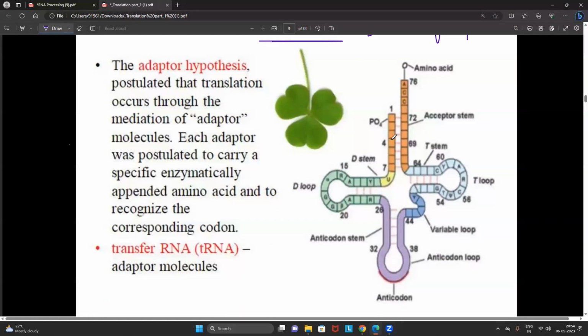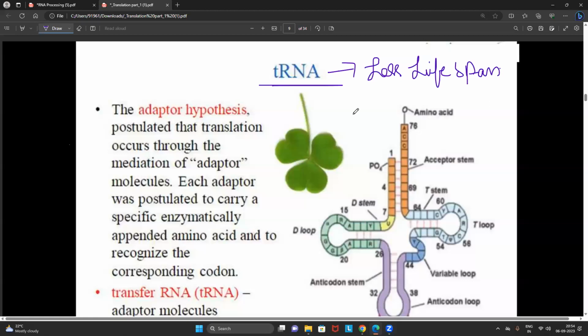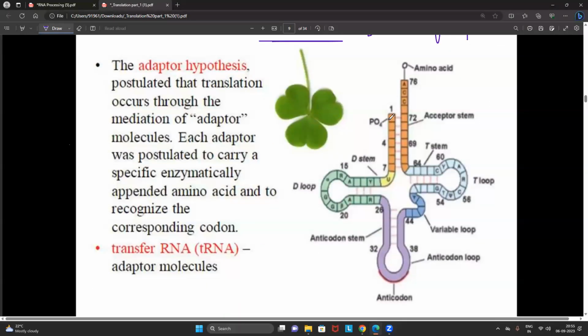I don't use the word modification, I'm using the word foldings. During modification it undergoes foldings and looks like a clover leaf-like structure. Whenever it undergoes the foldings or modifications, it can give rise to loop and stem structures.